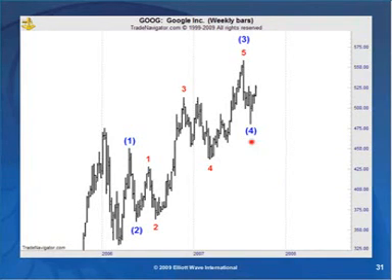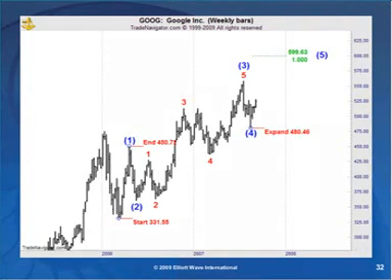But one thing we want to do first is see, well, what's the potential to the upside? And let's use our Fibonacci guidelines. We want to identify that potential to the upside so that we can figure out a good place to sell a call to produce enough revenue to buy a put for our protection.